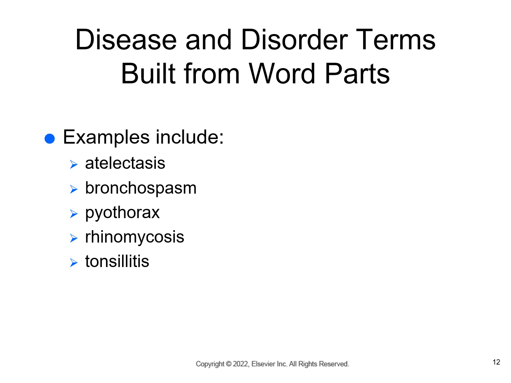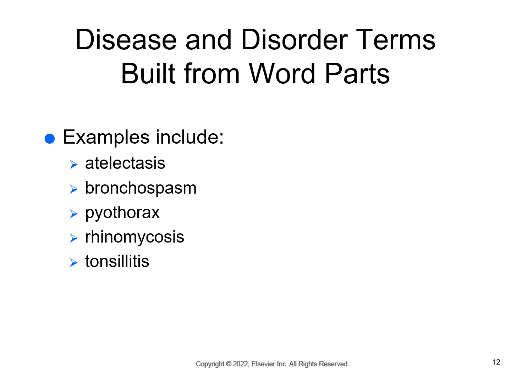Okay, now some words that are built from word parts. Atelectasis. The ectasis refers to incomplete expansion of the lungs, or at least a part of the lungs. Bronchospasm. We said spasm refers to a spasmodic contraction, and the only other word part you have is broncho, so that tells us where the spasm is.